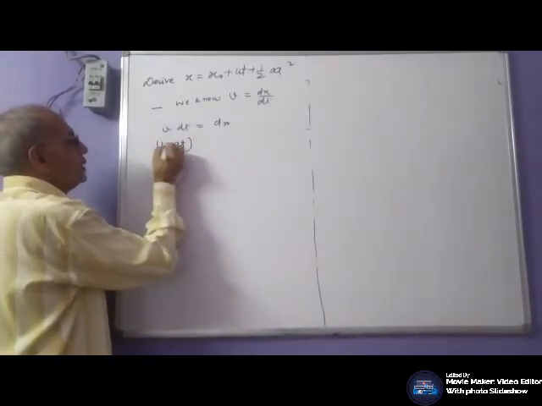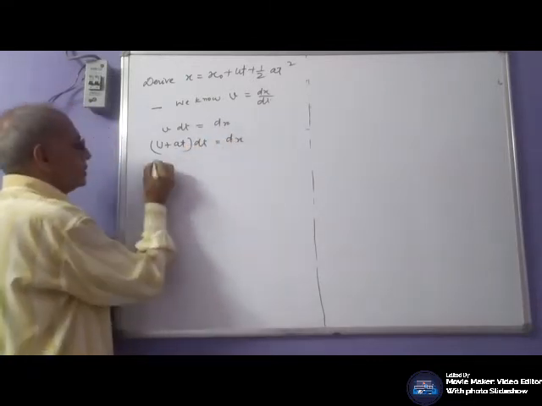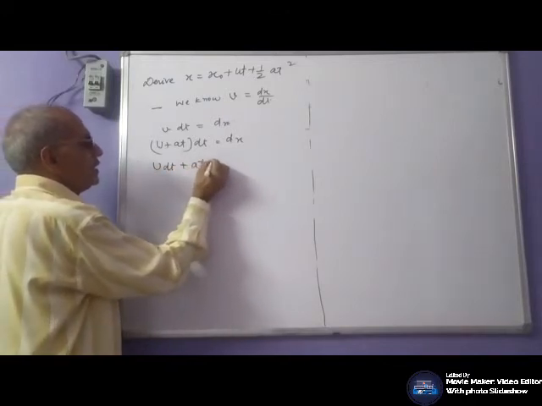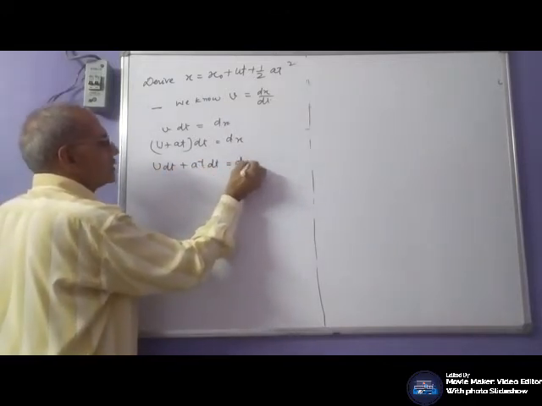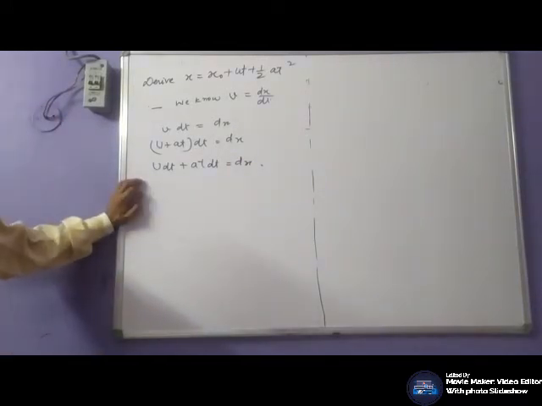We have v = u + at, so (u + at) dt = dx, u dt + at dt = dx. Now this equation is ready for integration.